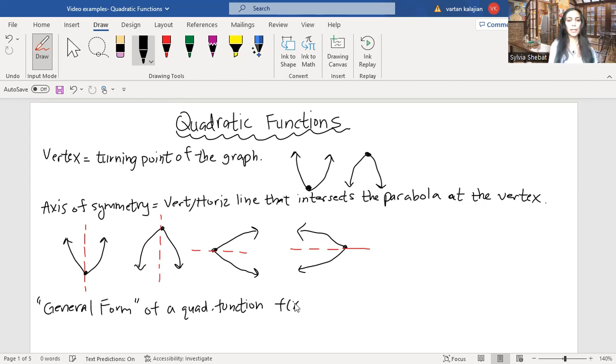And that is f of x equals ax squared plus bx plus c, where a, b, and c are real numbers, and a does not equal 0.